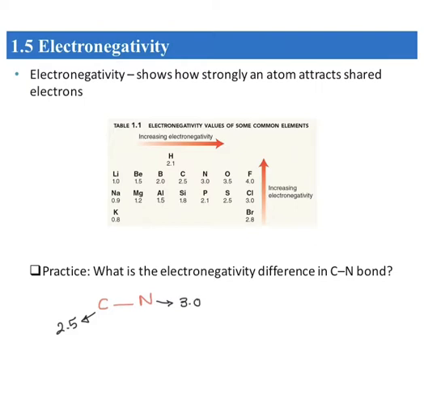That means nitrogen pulls these bonding electrons toward itself more than carbon. So you can also easily calculate the electronegativity difference between these two atoms. Nitrogen is 3 minus 2.5, which gives you 0.5. This is the electronegativity difference between carbon and nitrogen in the CN bond.